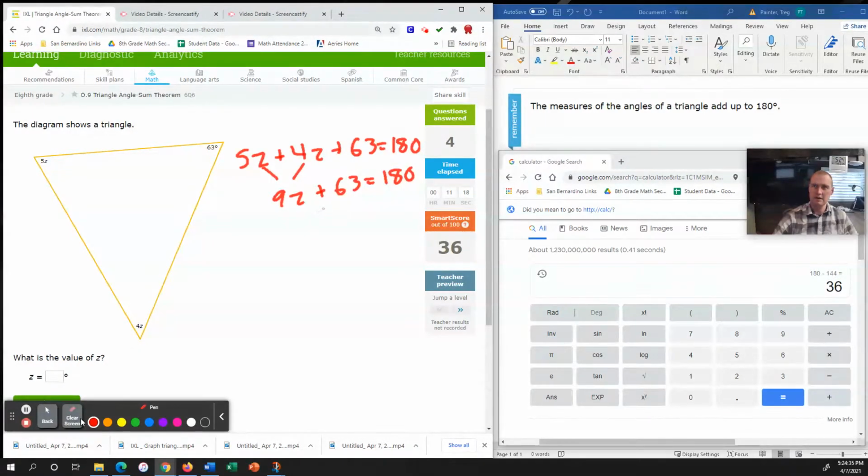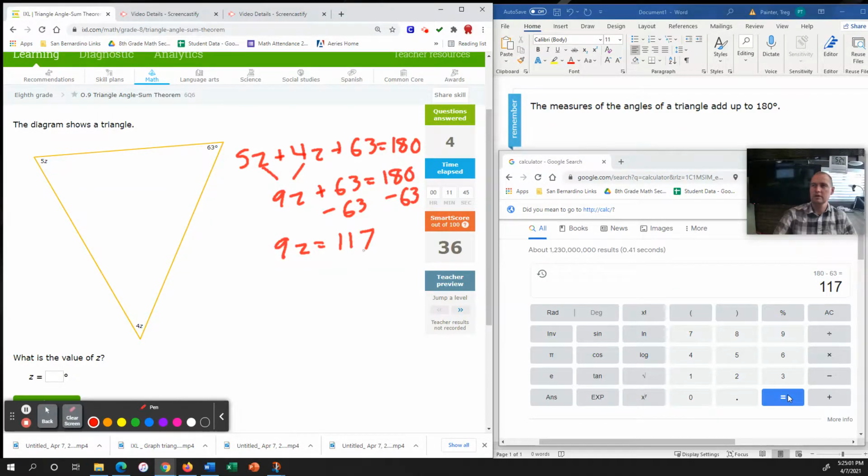We're going to subtract 63 from both sides, so minus 63 minus 63. So we have 180 minus 63 takes us to 117. So next step is 9z equals 117.